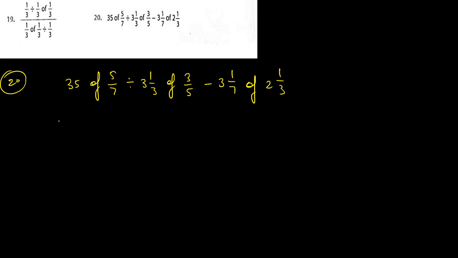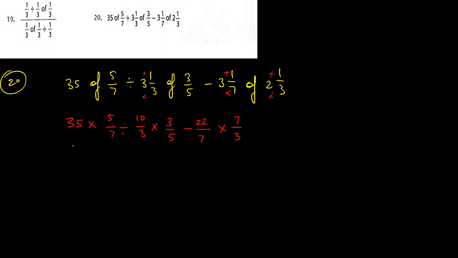Now 3 whole 1 upon 3 is 3 3s are 9, 9 plus 1 is 10, so 10 upon 3. Of means multiply 3 upon 5. Again minus, 3 7s are 21, 21 plus 1 is 22, 22 upon 7, of means multiply, 2 3s are 6, 6 plus 1 is 7, 7 upon 3.